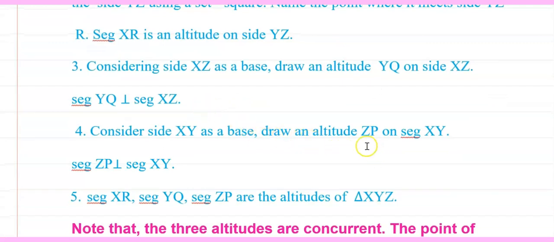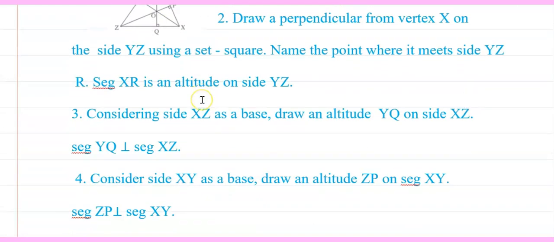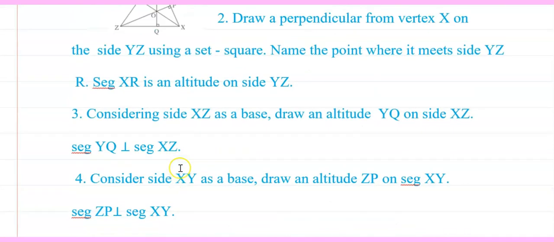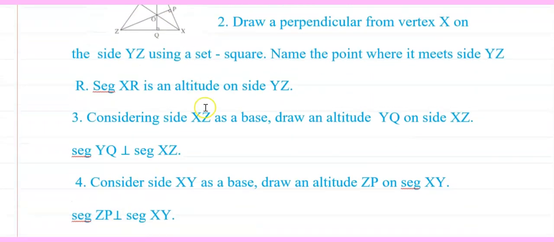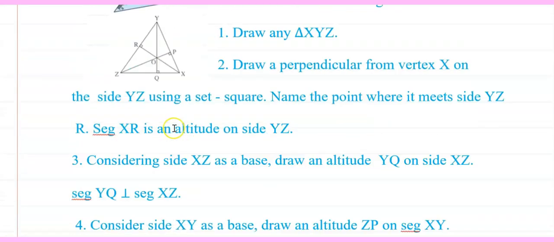Draw an altitude ZP on the segment XY. That is, segment ZP is perpendicular to segment XY. Segments XR, YQ and ZP are the altitudes of triangle XYZ.